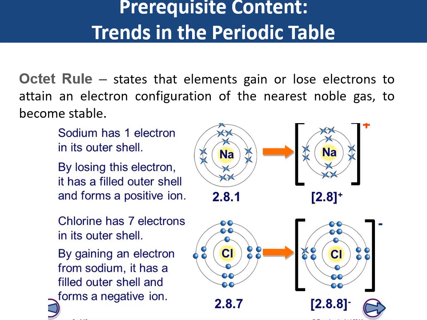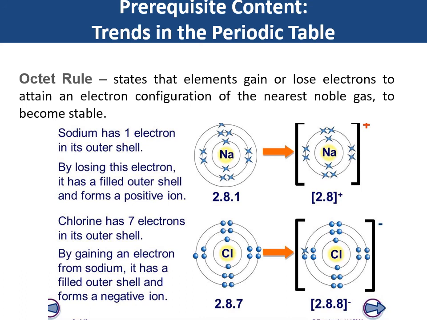atom. So if you notice here on our first diagram, we had sodium. Sodium has 1 electron in its outer shell, and by losing this electron, it has a filled outer shell and forms a positive ion. Another one is chlorine.